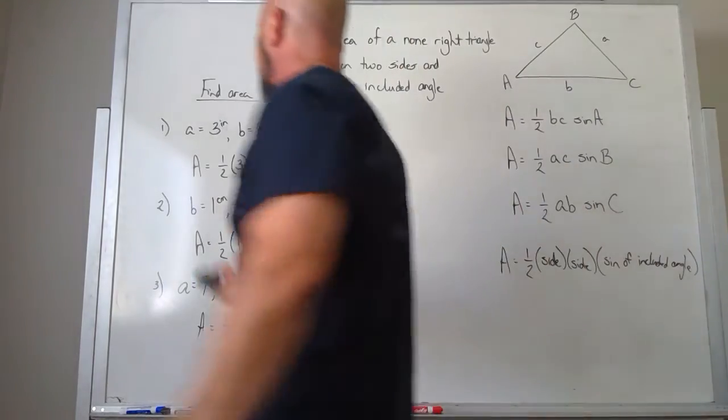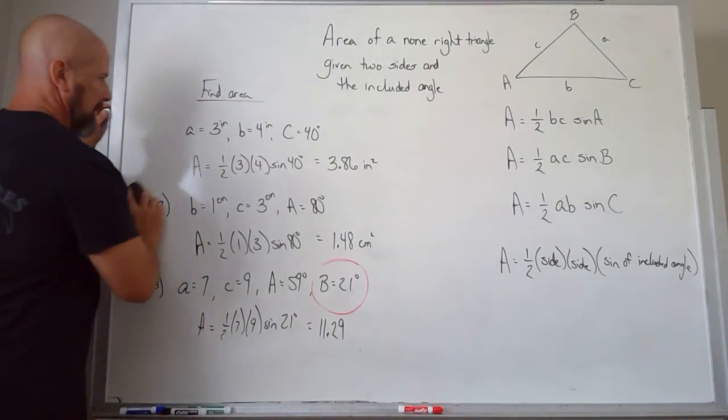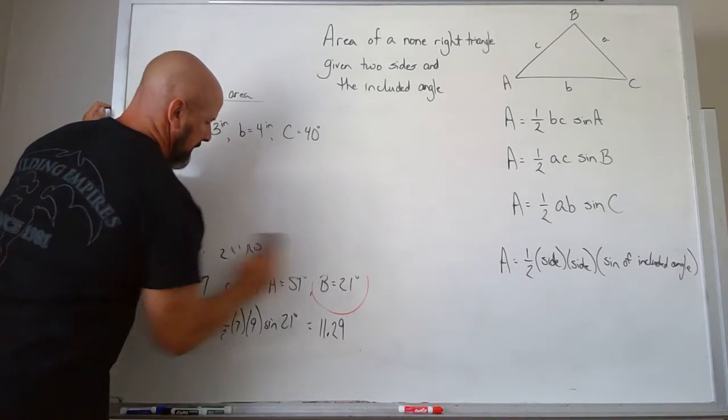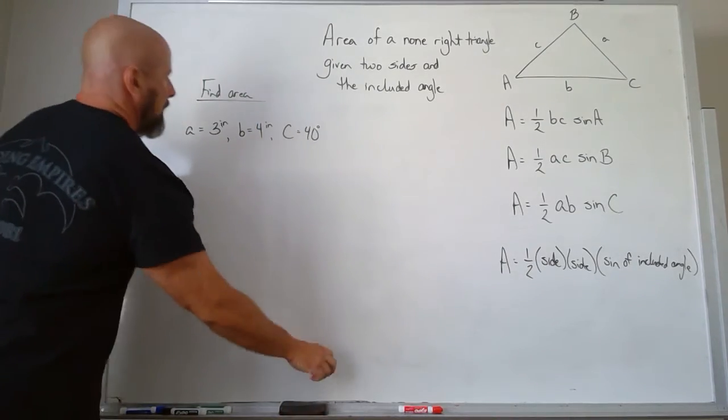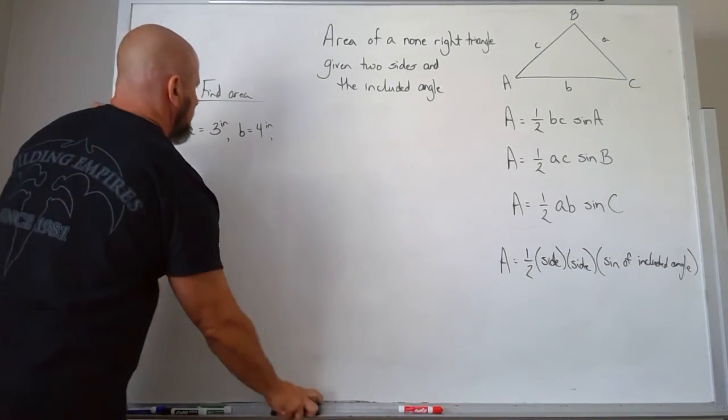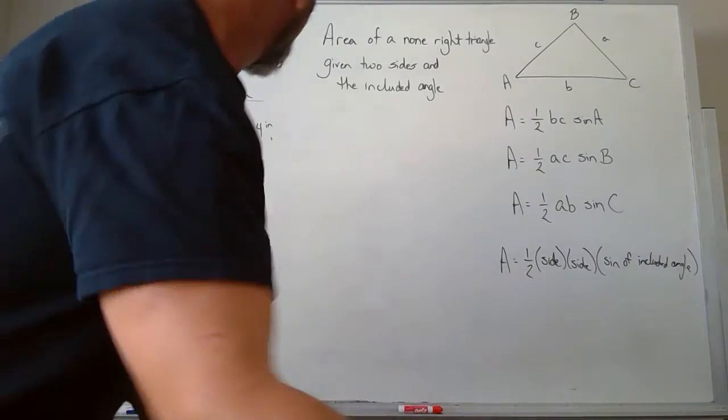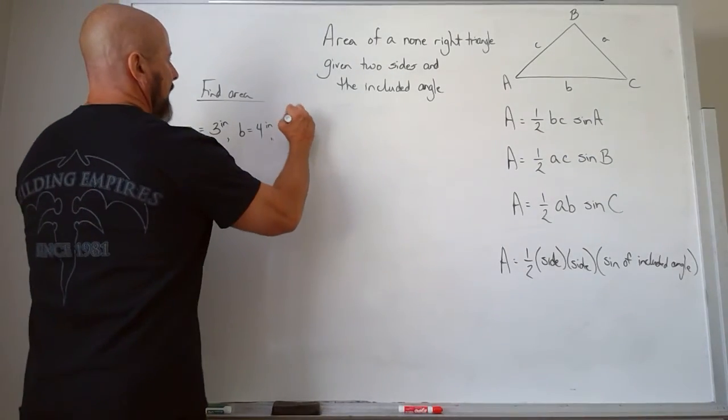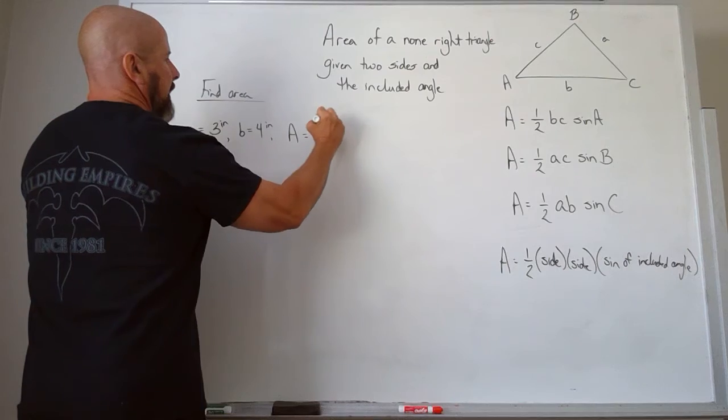For example, let's go back to this first one here. Let's say I gave you A equals 40 degrees.